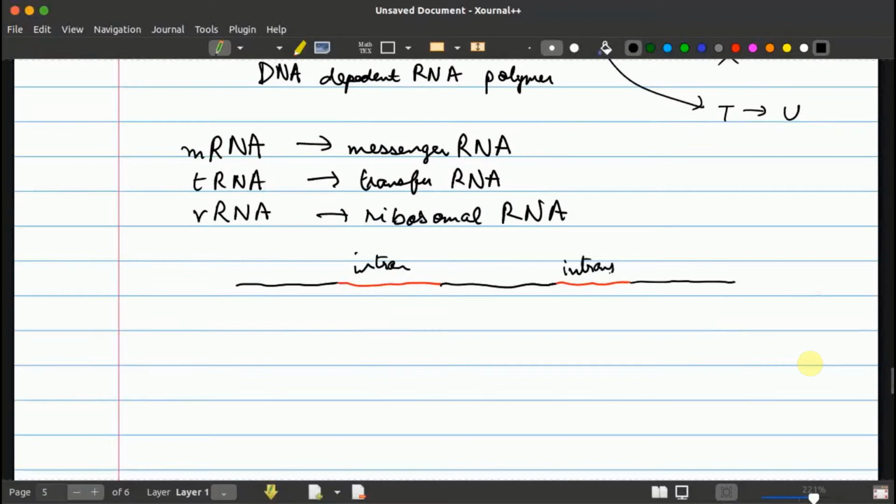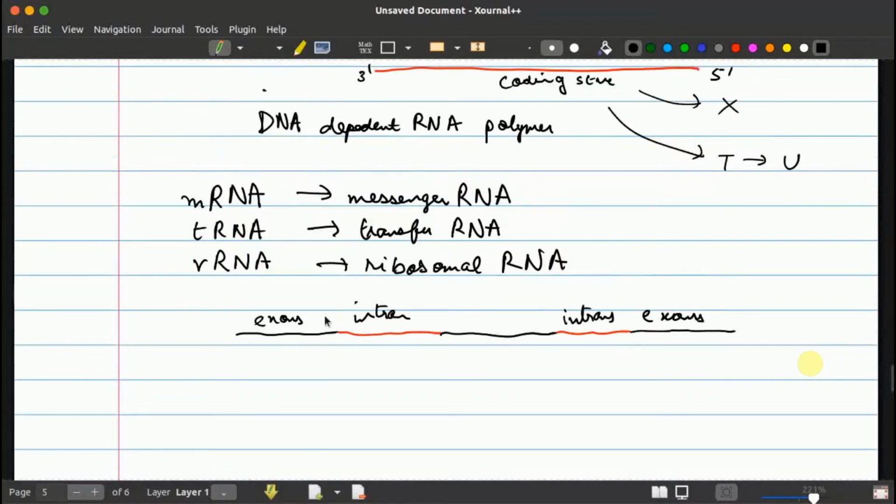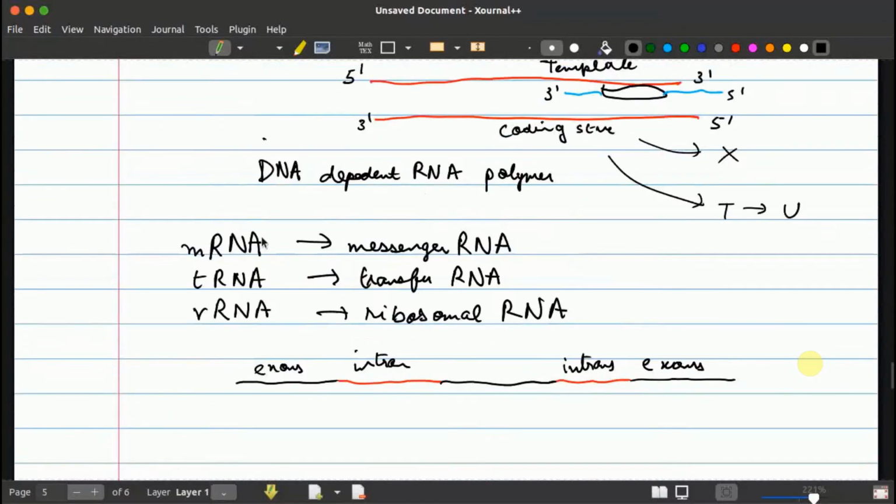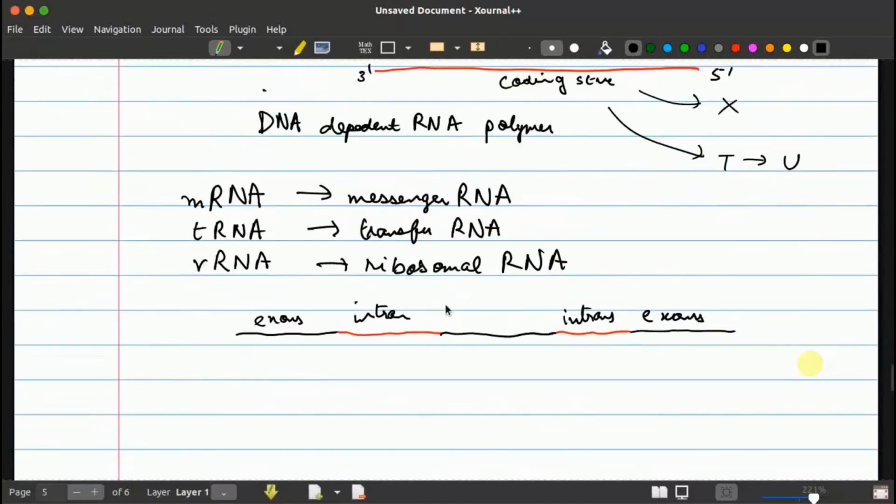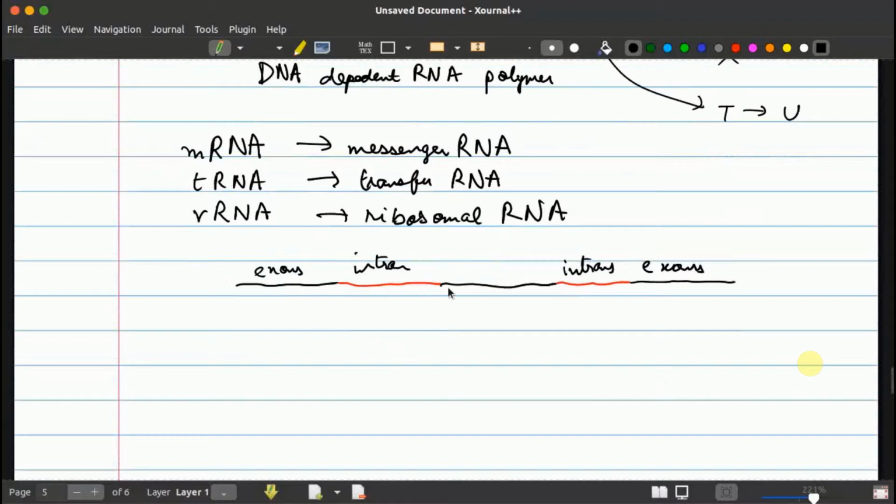And because these are on the exterior, they're called exons. Nomenclature in biology has some nice tricks: mRNA is messenger RNA, tRNA is transfer RNA, just the way you get DNA dependent RNA polymerase. Once you get hold of it, the naming seems very logical.